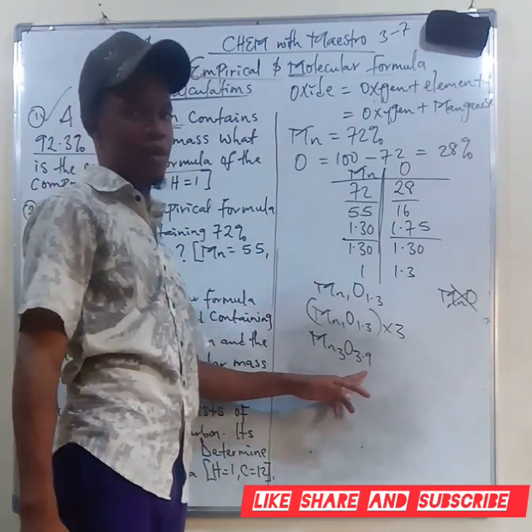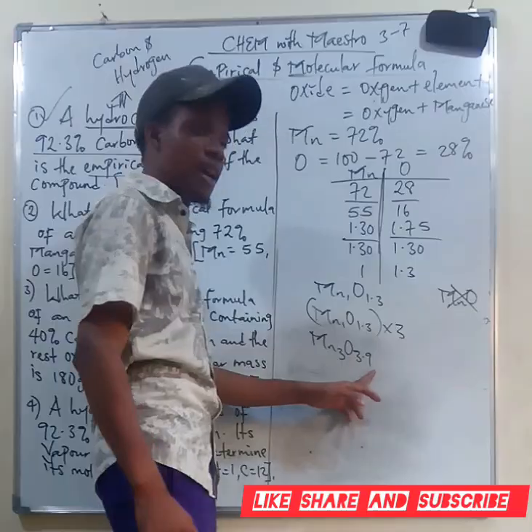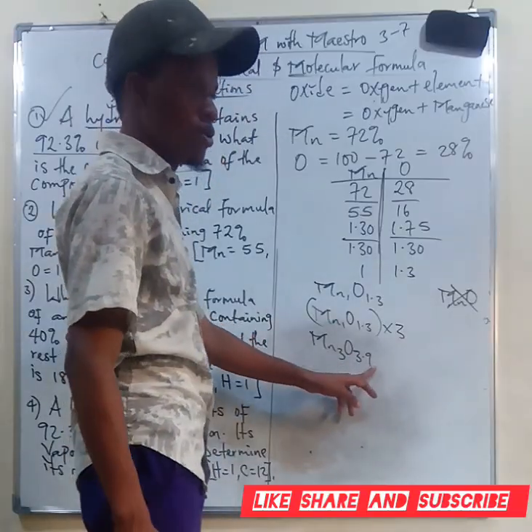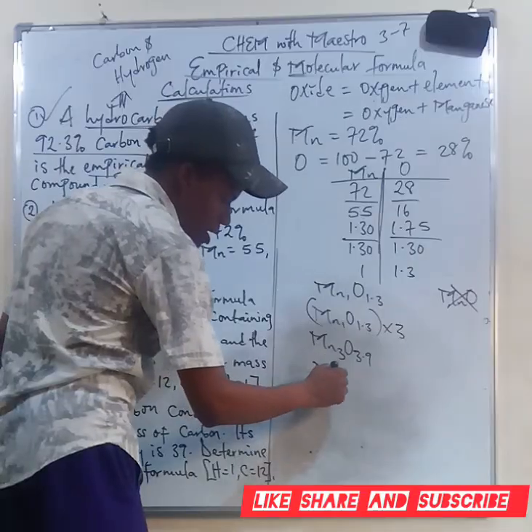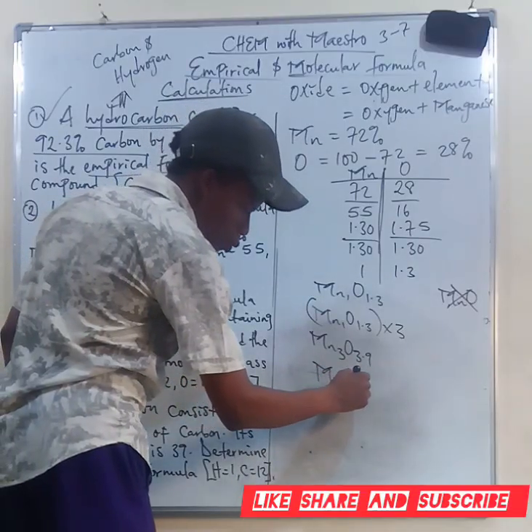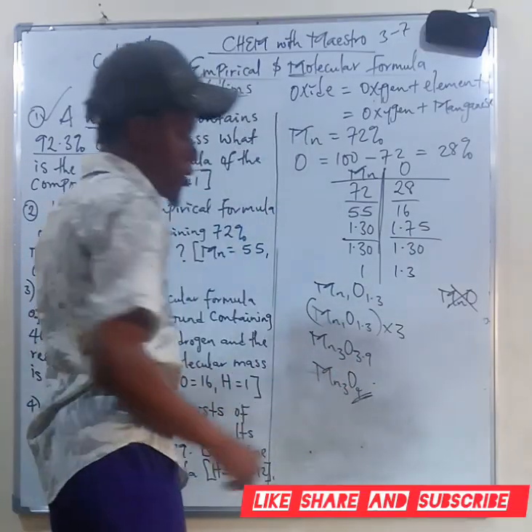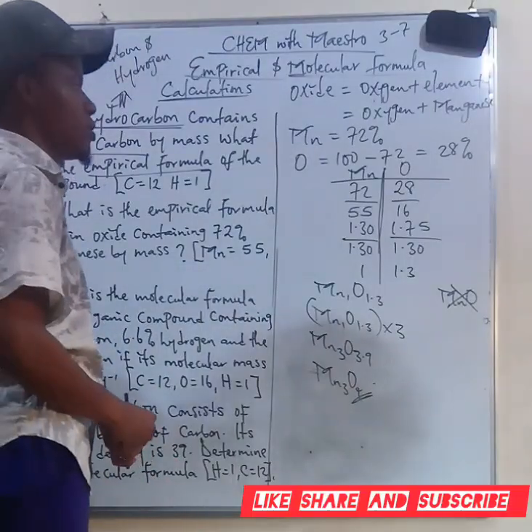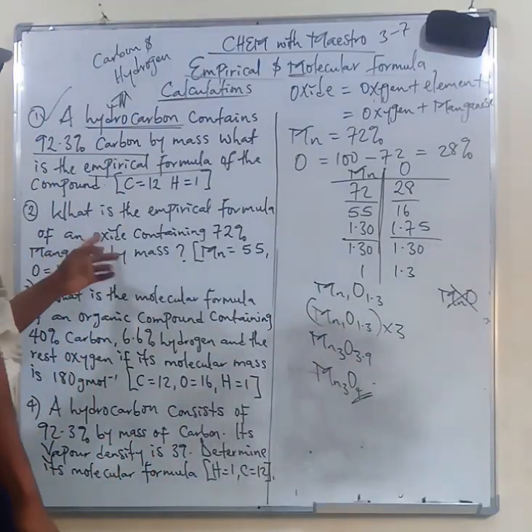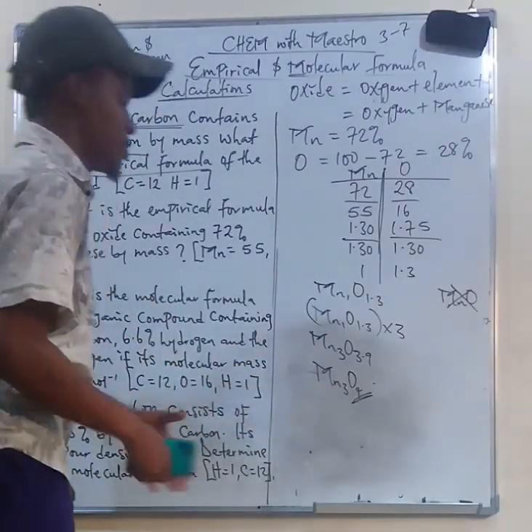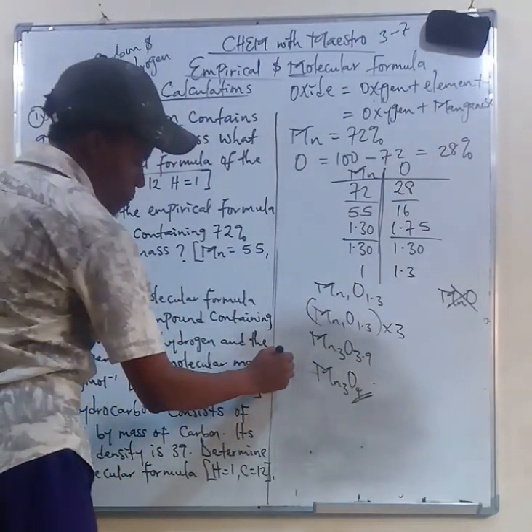So this one is 9, so we can just approximate this. Turn the 9 to 0, add 1 here. Then our final answer becomes Mn3O4. That becomes our answer for the compound. So the empirical formula of the compound is Mn3O4.